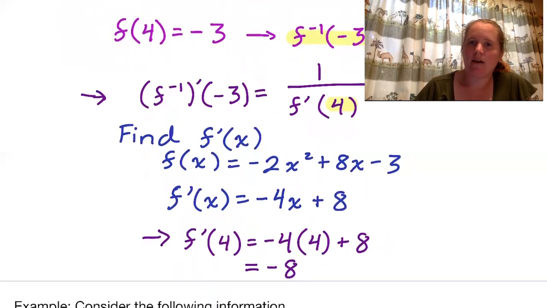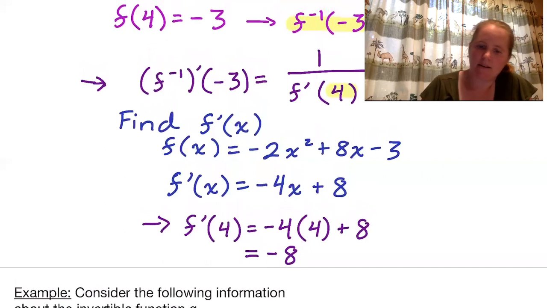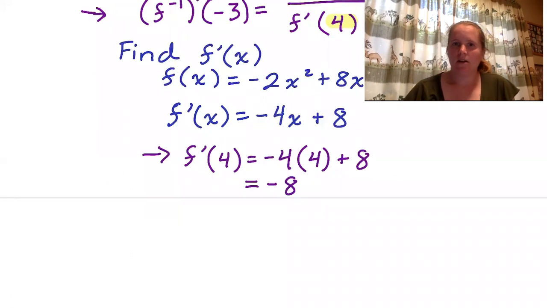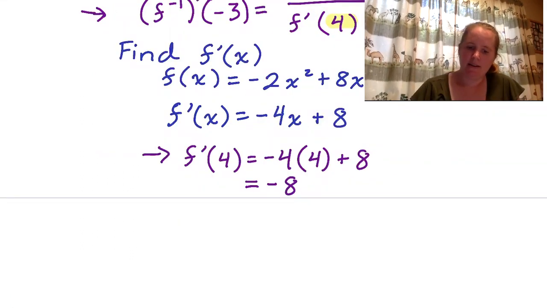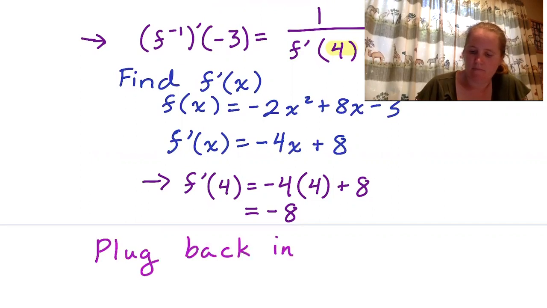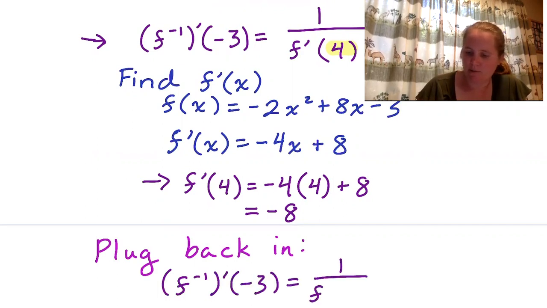So now we can go ahead and plug in. If we plug back in, again, what we had, f inverse prime of negative 3 was equal to 1 over f prime of 4.